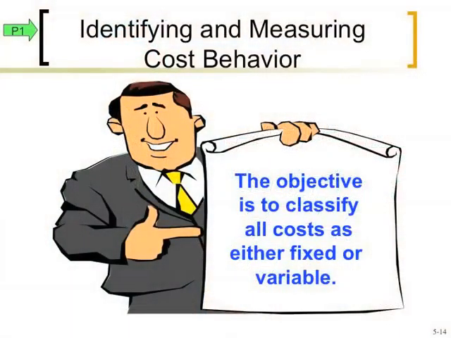Now, if we move to slide 14, in order to make costs useful for management decisions, our objective is to classify all of our costs as either variable or fixed. There are 3 ways that we can do this.